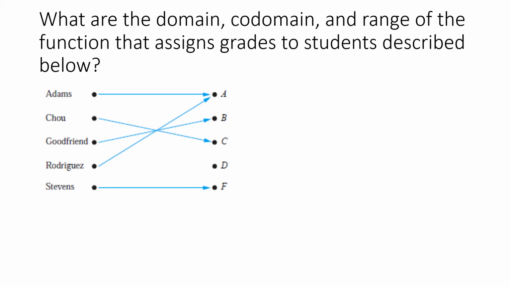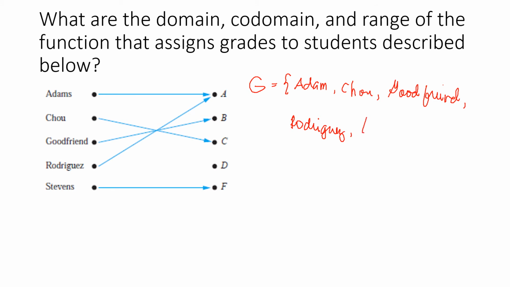In this case, the domain of G is the set of Adam, Chou, Goodfriend, Rodriguez, and Stevens.